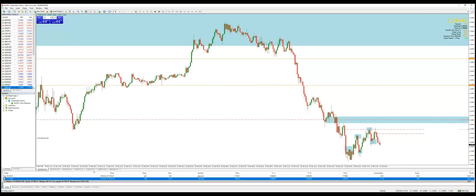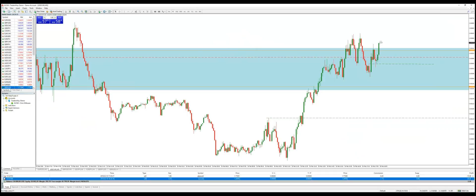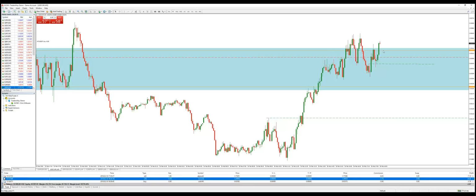So let this one sit. Let this one do its thing. We're looking for this one. So climbed above bearish. So USD Swiss franc. I am kind of happy with that, so I'll take a position on that.